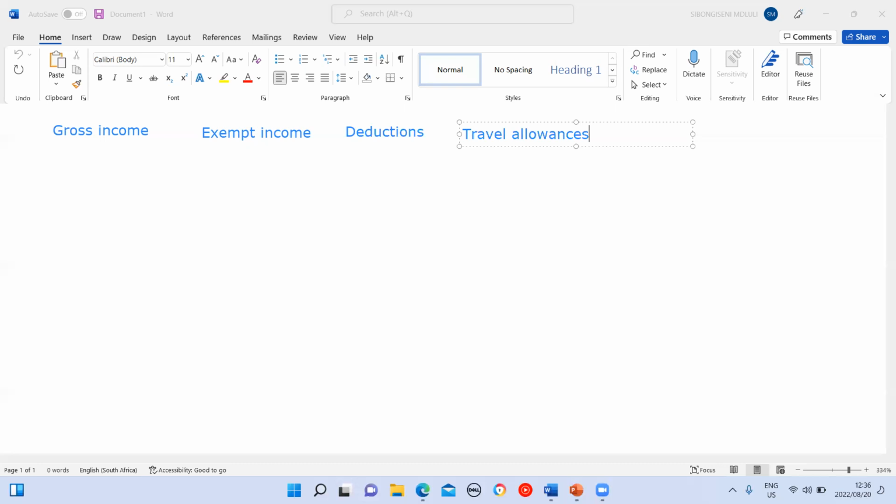Even in your framework, you'll see that they are separate sections at the bottom level. Otherwise there would be taxable capital gains, Section 11F deductions and donations deductions here. But for now, let's just focus on these four.